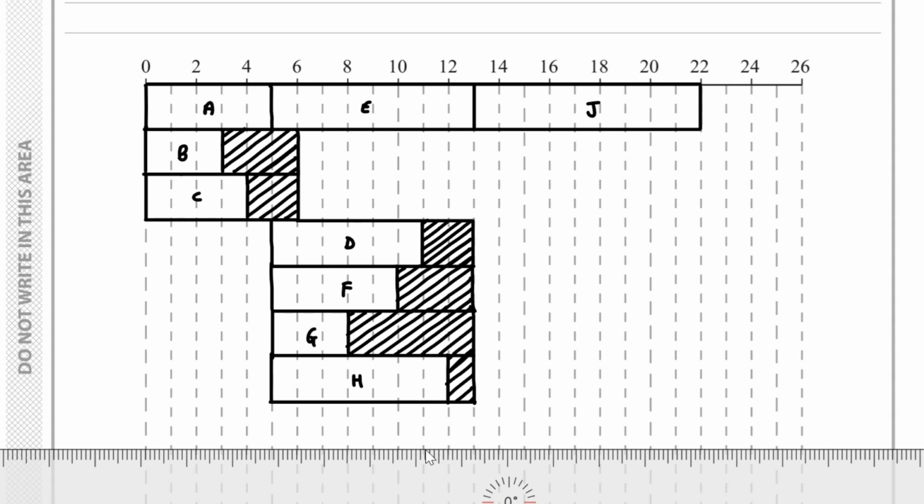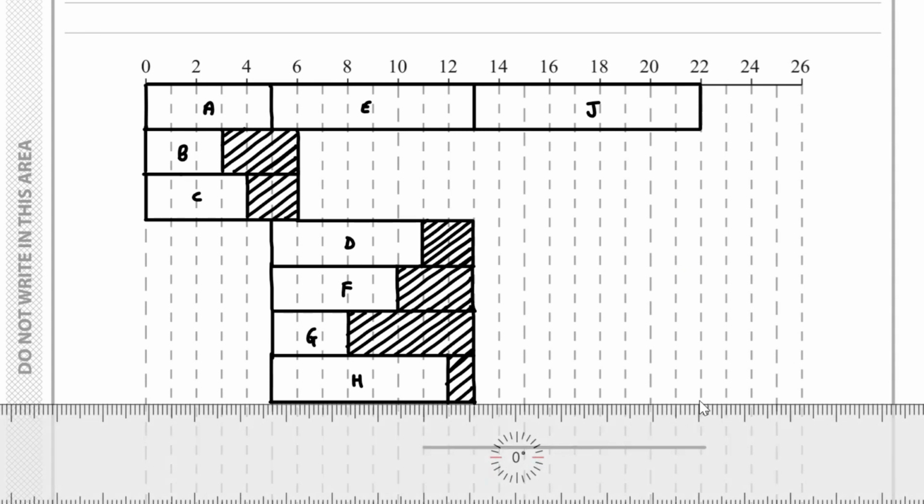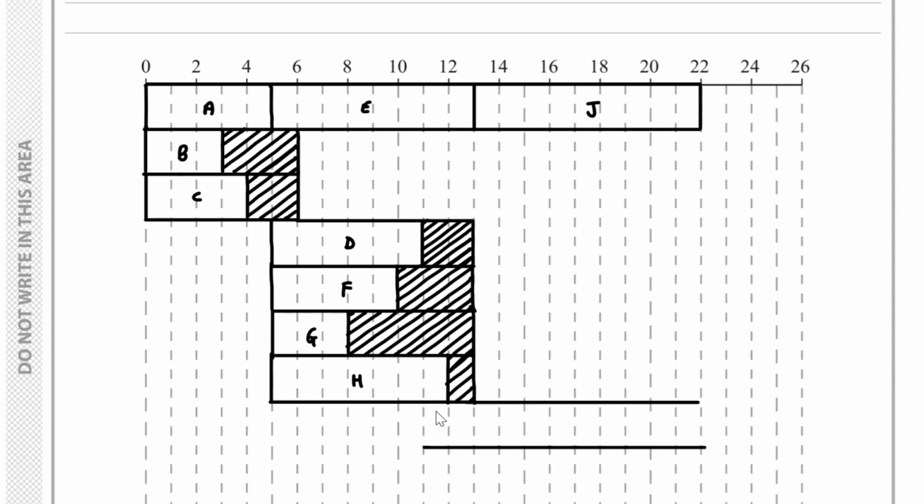So let's draw a line here, up to 22. Okay, so here is I, and it's got a duration of 8.